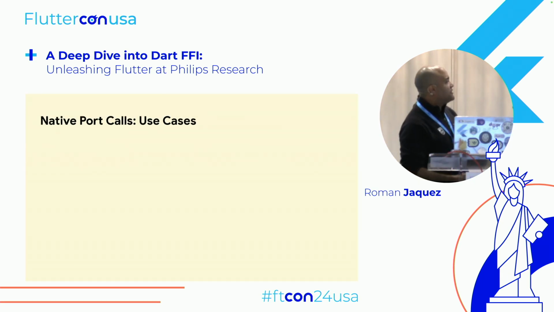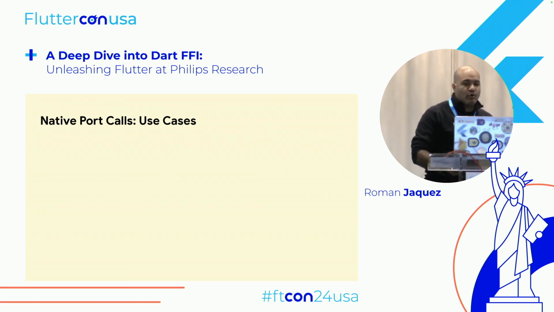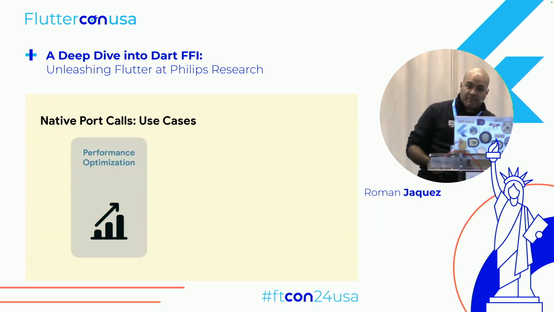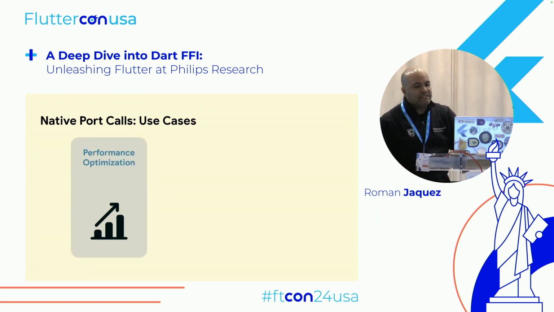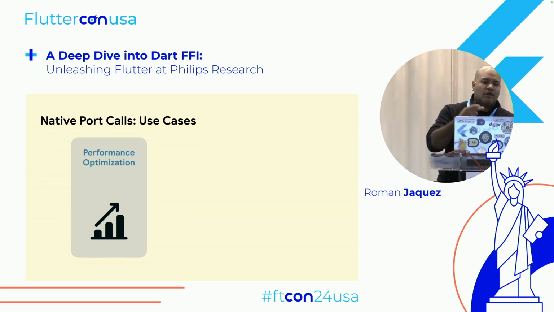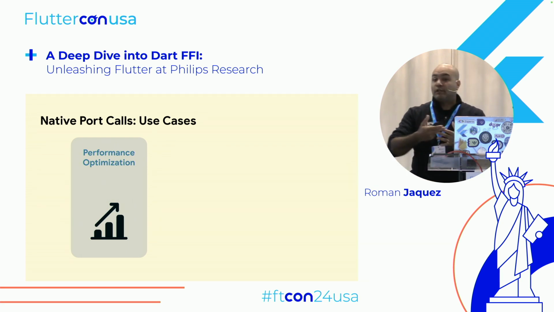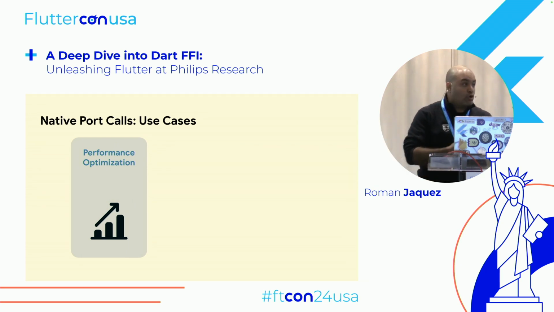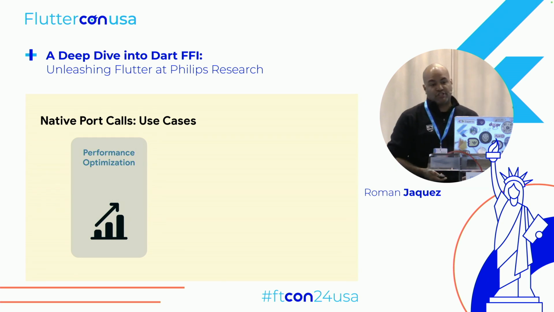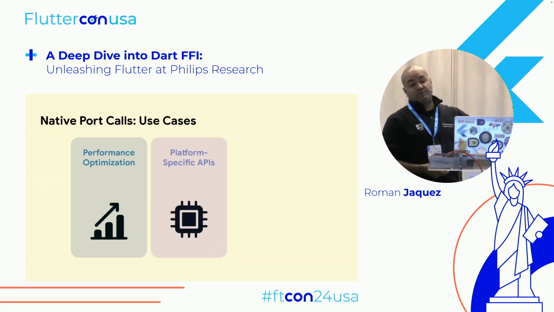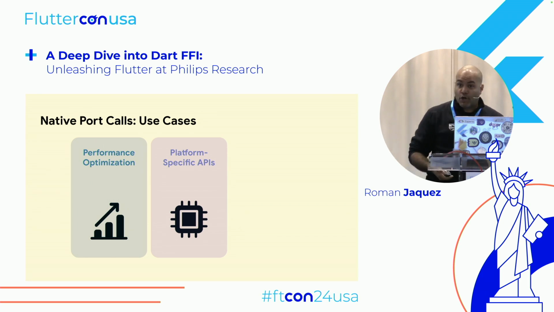Most of the use cases for native ports are, again, performance optimization, like I mentioned, for compute-intensive tasks like image processing, cryptographic operations, large-scale data processing, or other significant operations that you want to do. Also, platform-specific APIs: accessing APIs that are not exposed through the Dart SDKs.